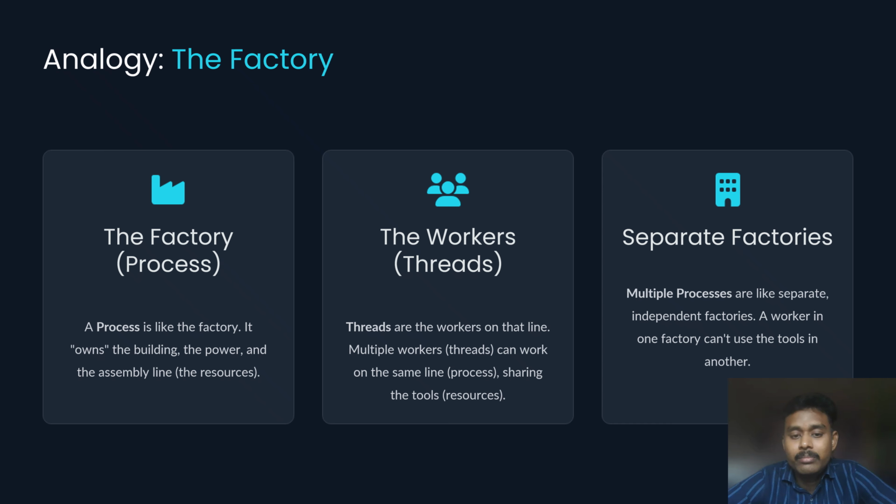They have to do multiple tasks based upon the time and the place they are put into. They are going to share the same resources, that is, the same tools, but they are going to perform the corresponding operations. Here, multiple processes are like separate, independent factories. So a worker in one factory cannot use the tools in the other factory. It is a separate one.